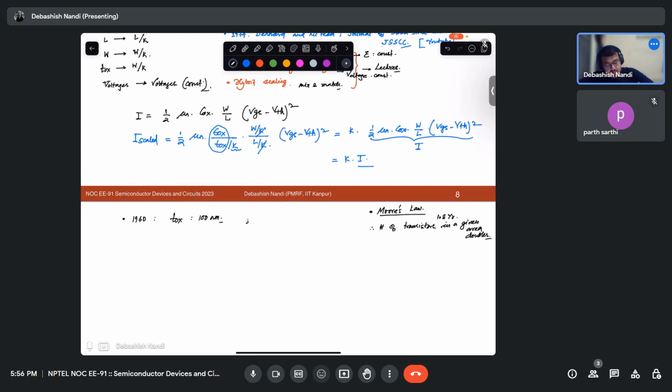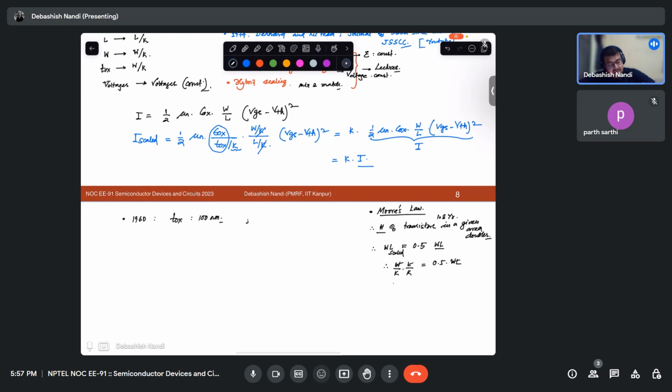So what does that mean? Your WL needs to be half, 0.5 WL, what it was 1.8 years earlier. So what is your WL scaled? W by K times L by K would be 0.5 times WL.